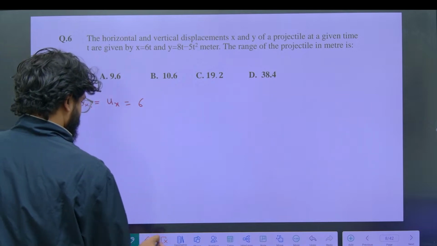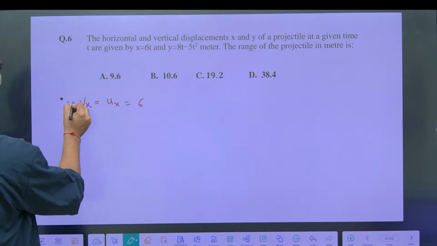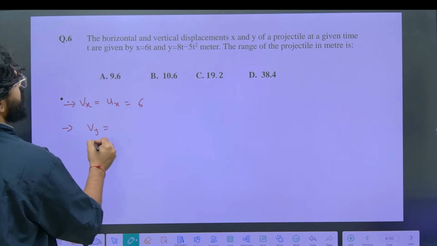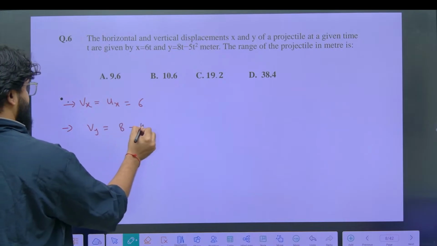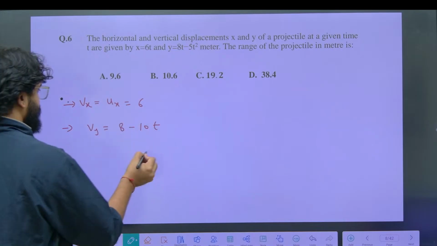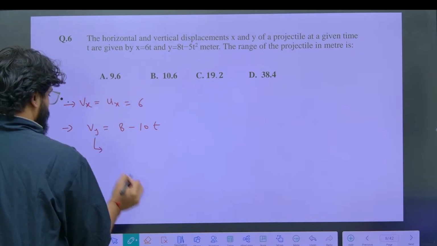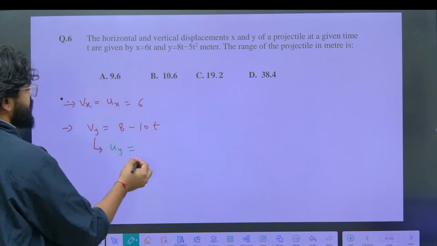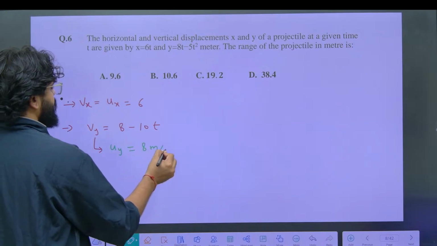We can also calculate vy at any point, that will be 8 minus 10t. So uy, the initial velocity when we put t as 0, is 8 meter per second.